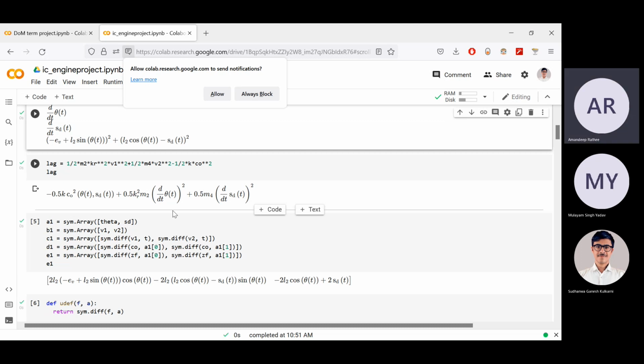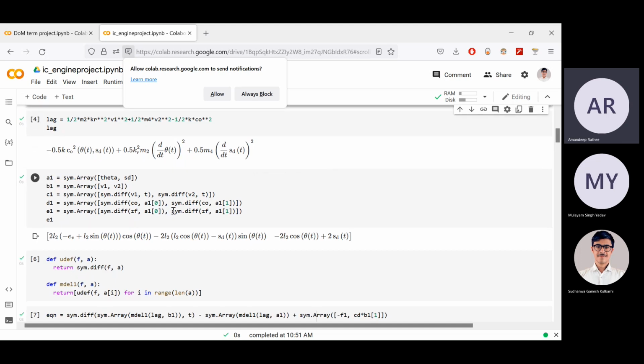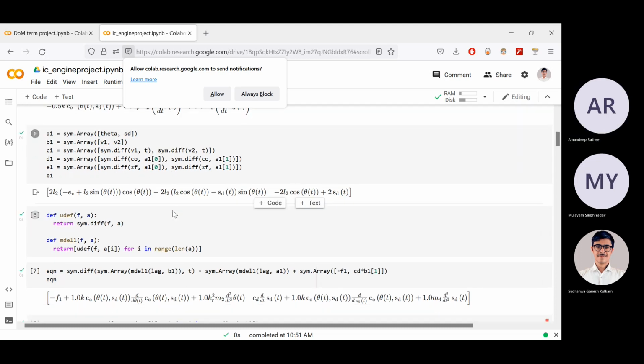Since we have assumed the model analysis through the matrix method, we have created different matrices. In these matrices, we have taken either the generalized coordinates or their derivatives or their double derivatives. For finding out the derivatives and double derivatives in the matrix itself, we have defined some functions which are shown in the slide.